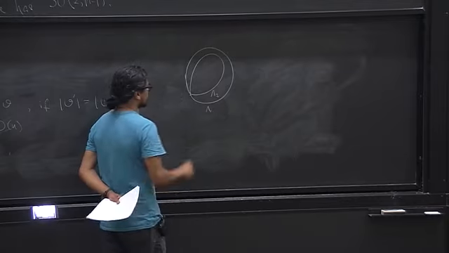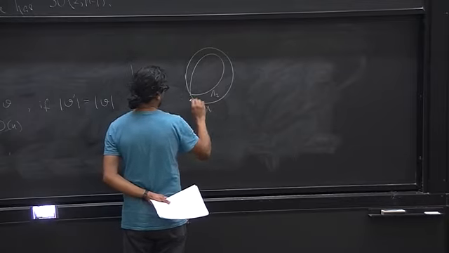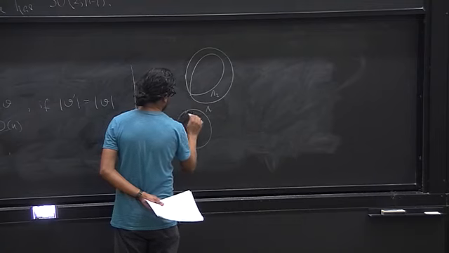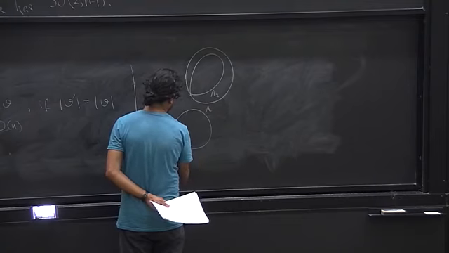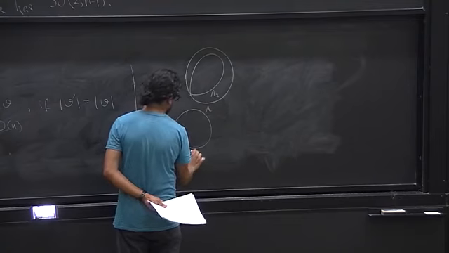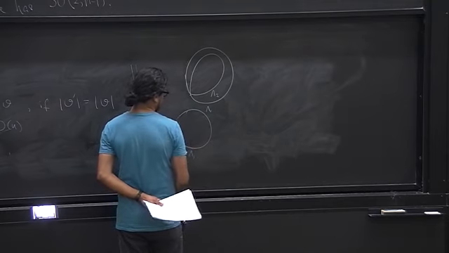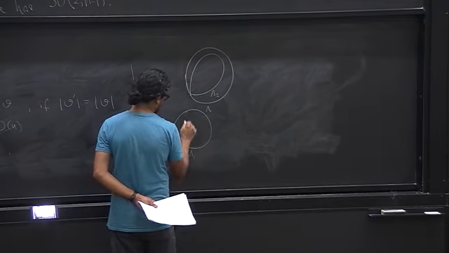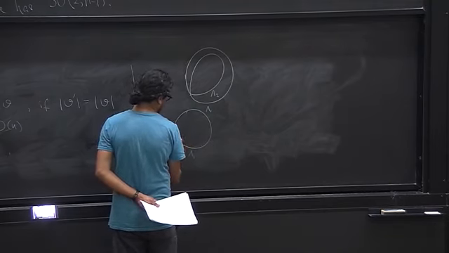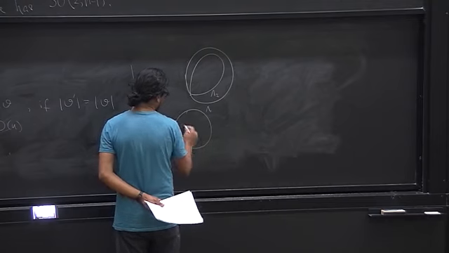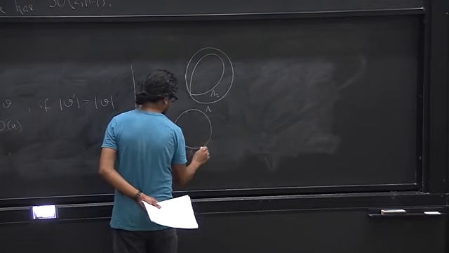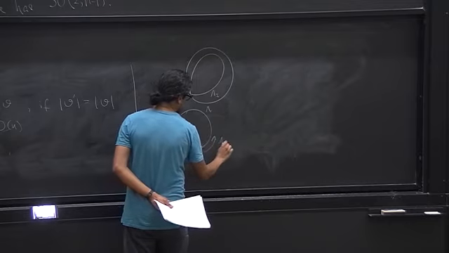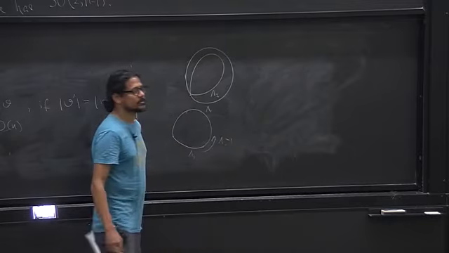And the group inverse is this: if you parallelly propagate the vector in one sense, that's lambda 1. But if you parallelly propagate that vector in the opposite sense, going the other way, that will give you the inverse of that group element, and so on and so forth.